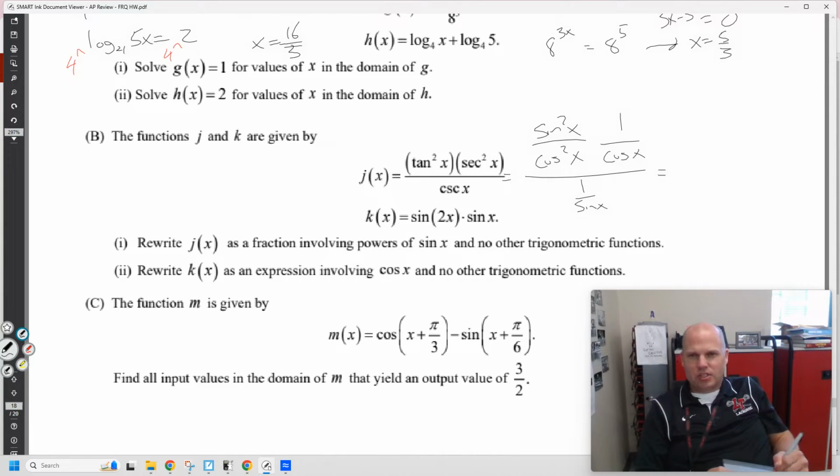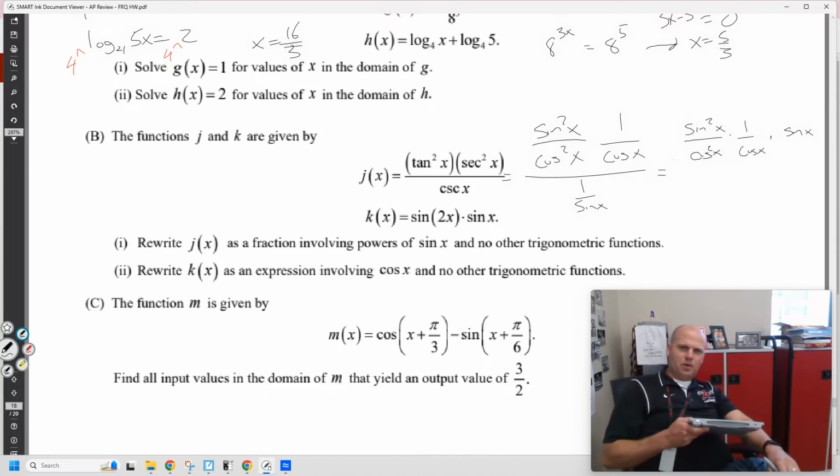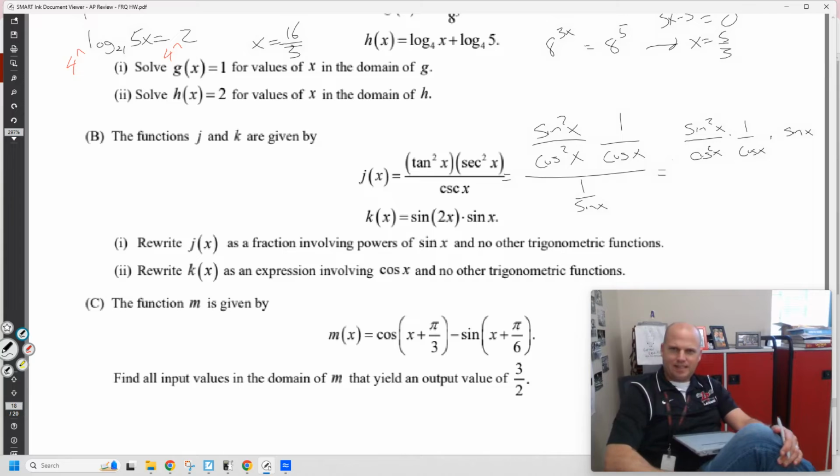So make sure you see that or you know it. Are you sure they want powers of sine and not tangent?